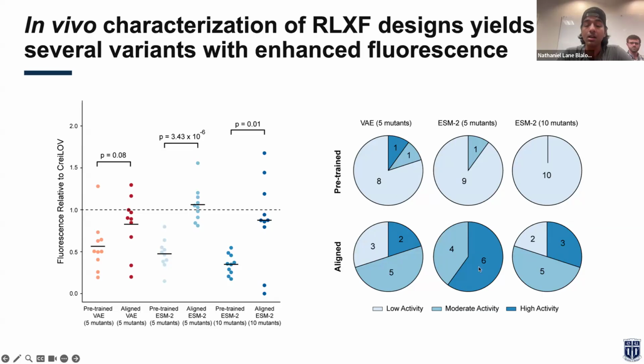But even still, with the other 40% of these sequences, moderate activity is defined as 0.7 to 1x or identical wild type activity, and all of those sequences were.